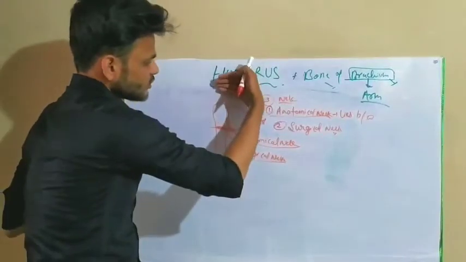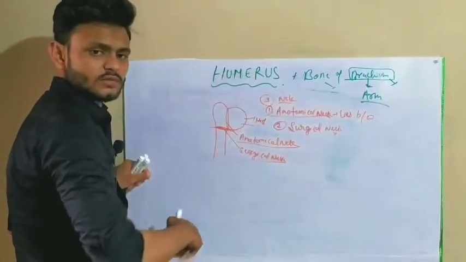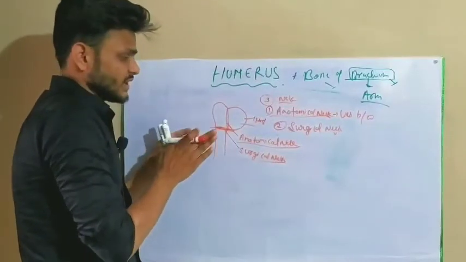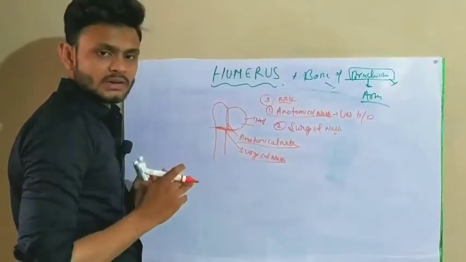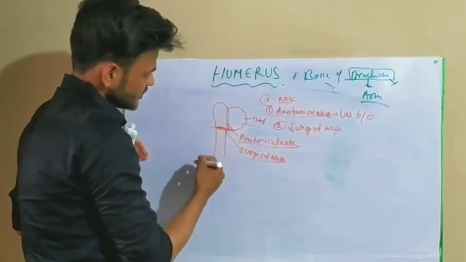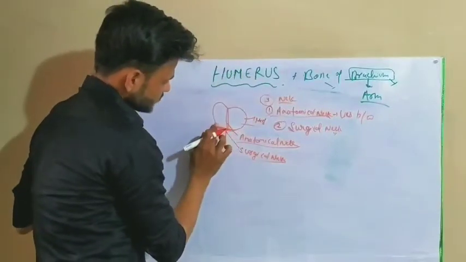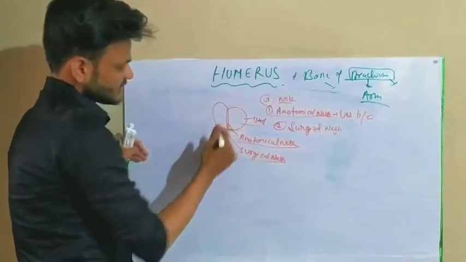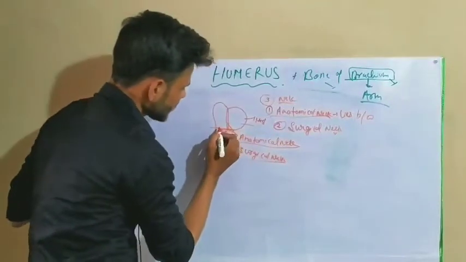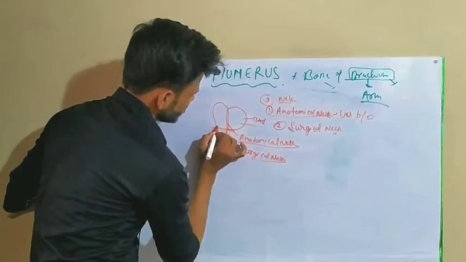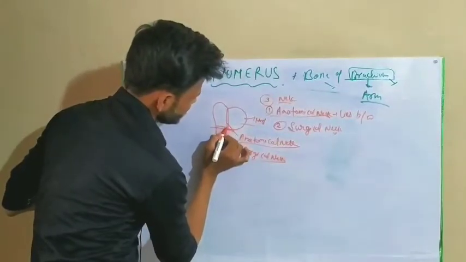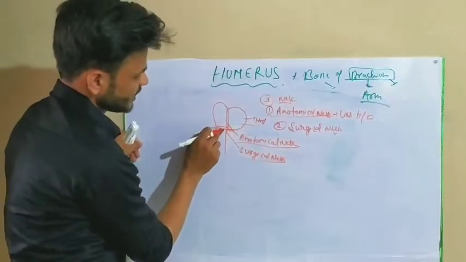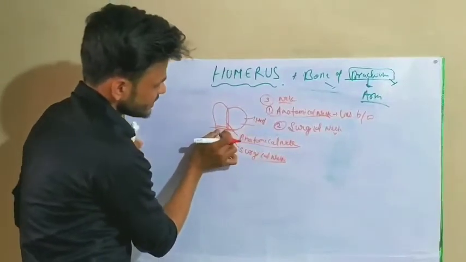If we do a coronal section of the humerus, dividing it into anterior and posterior parts, we will find a morphological neck present 0.5 centimeter above the surgical neck.